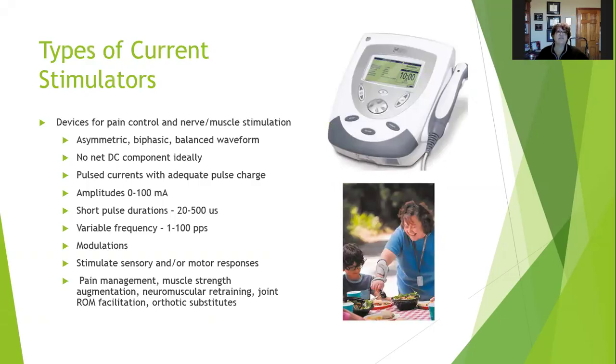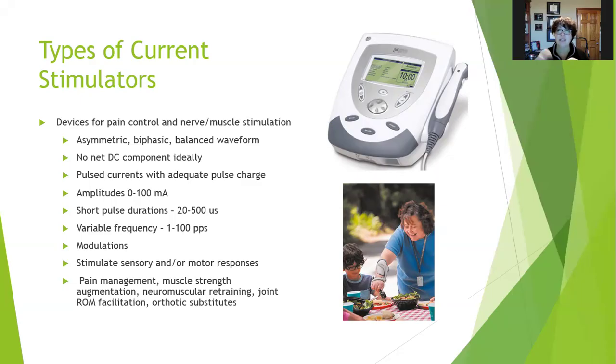Lots of different devices are used for pain control and nerve and muscle stimulation. There are ones that are asymmetric, biphasic, balanced waveforms. Usually there's no net direct current component, no net charge, with pain control and nerve and muscle stimulation. Pulsed currents: any pulse current with an adequate pulse charge can be used. Amplitudes are from 0 to 100 milliamps on most machines, unless you're using high volt, and then you get higher milliamps.